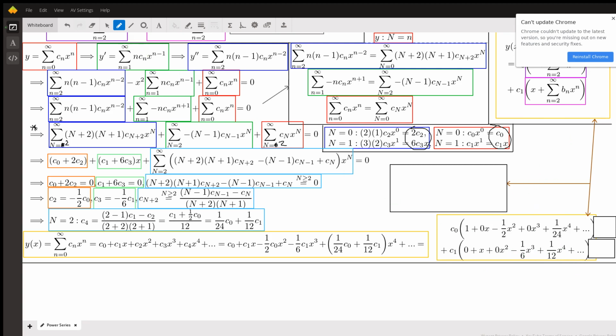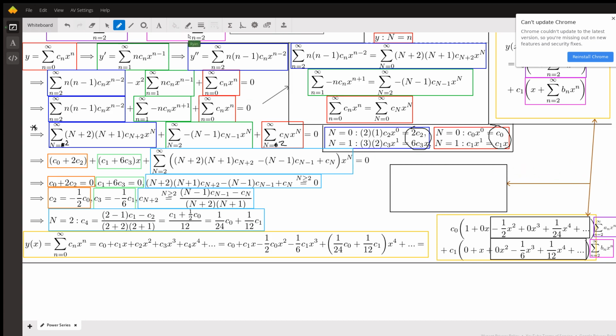So really what we found is that this sum here, starting with x squared, is just the AN sum right there. And this sum here, starting with 0x squared, is the BN sum.